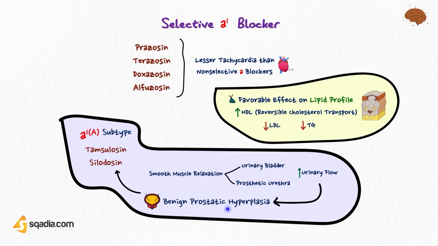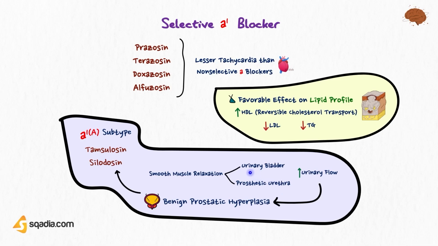Note here that two organs are involved, the urinary bladder and the prostatic urethra. Remember, the alpha-1 receptor is present in smooth muscle, and blocking it causes smooth muscle relaxation, already discussed. When we block this alpha-1 receptor, it causes smooth muscle relaxation in the neck of the urinary bladder and in the prostatic urethra.